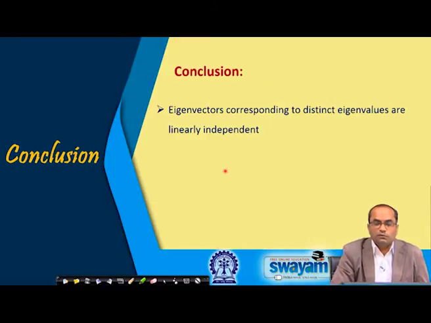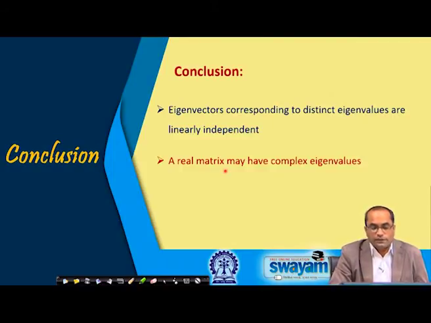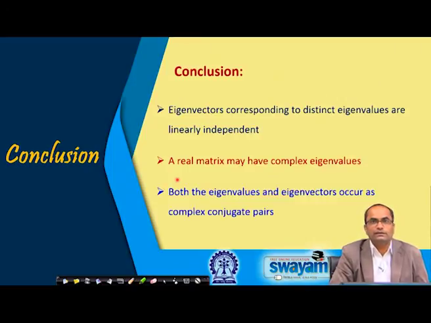This is what we have observed, at least in the numerical calculations we had, and also that a real matrix may have complex eigenvalues. Both the eigenvalues and eigenvectors occur as complex conjugate pairs. Once we have a complex eigenvalue, its conjugate will be there, and not only that, the eigenvectors will also be conjugate pairs.